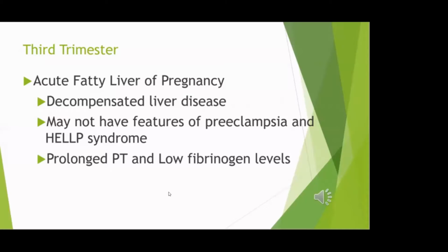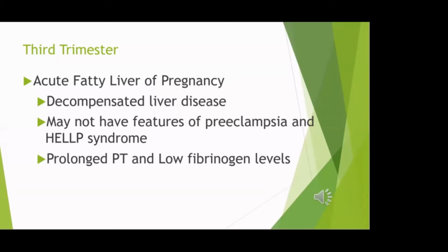It may not have features of preeclampsia and HELLP syndrome, but you also see decrease in the synthetic functions of the liver. There's prolonged PT and low fibrinogen levels. And so how I always remember it is that if the synthetic functions of the liver are deranged, you are near the time of saying goodbye.